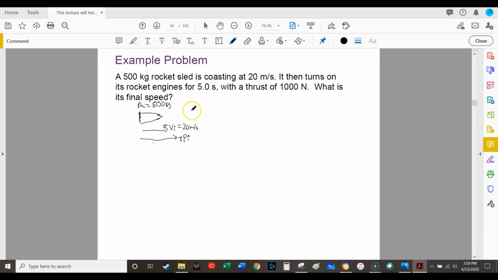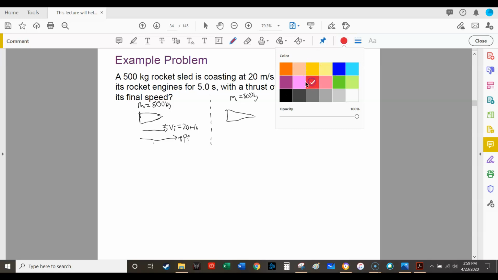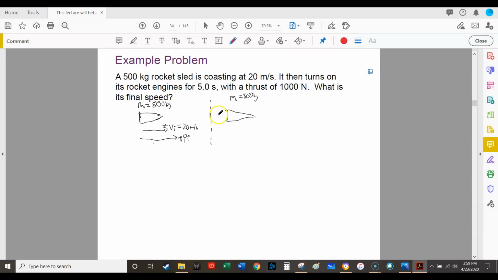It then turns on the rocket engines. So that's the initial case. Now it's going to turn on the rocket engines, right? And the mass is still 500 kilograms. The rocket engines are going to give it a thrust, which means it's going to push it.